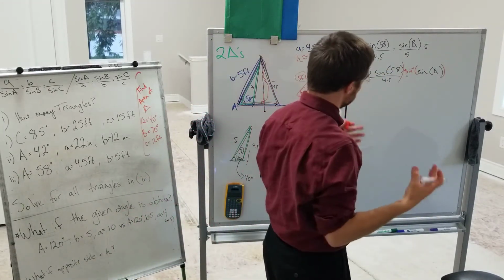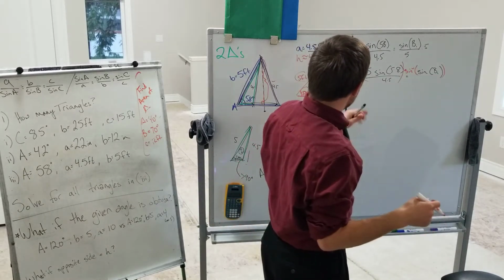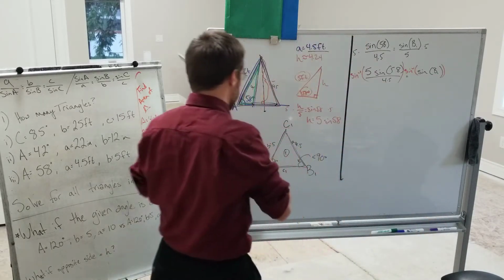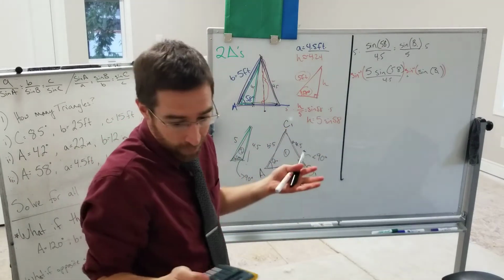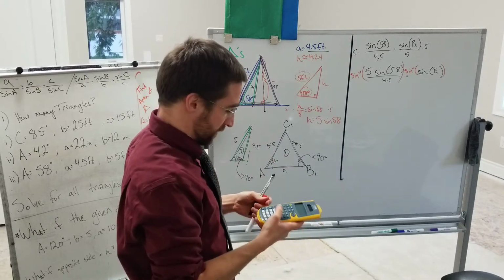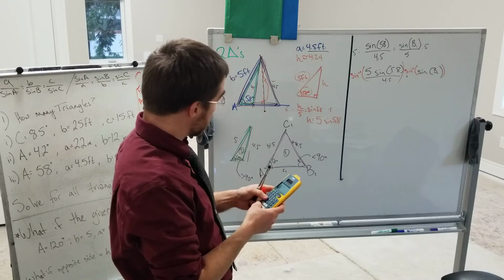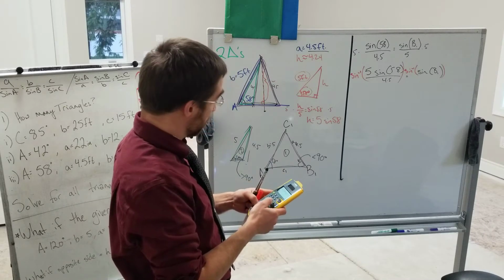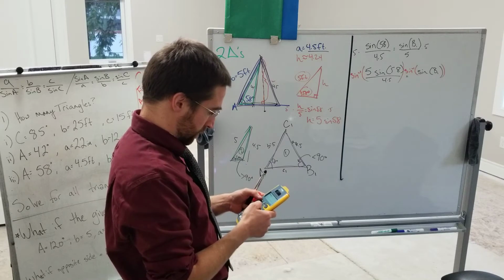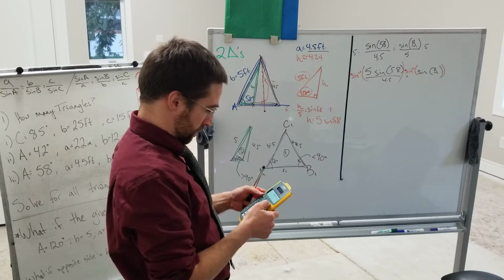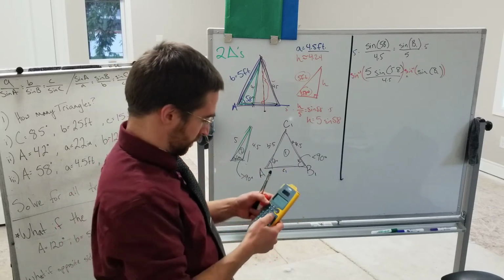Because it's a well-defined function. So when I take the inverse sine of this, I'm going to get a number that's less than 90, because that's how inverse sine is defined. So sine inverse, fraction 5 sine 58 over 4.5. Oh, wrong button. Ah, my goodness, I'll type it in.